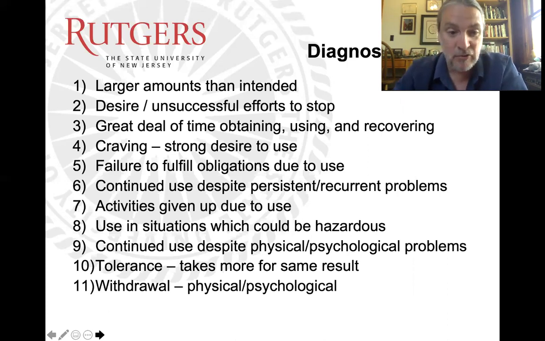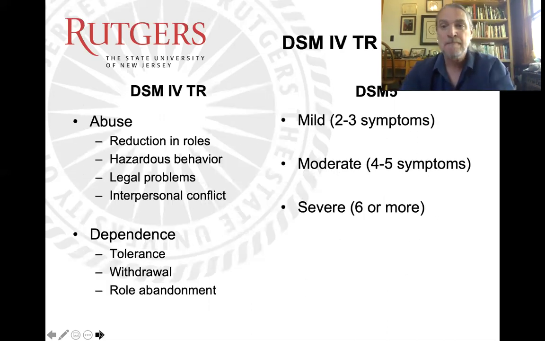Tolerance is that whole process where it takes more and more of the substance to get the same result. And then also the withdrawals, which is the physical symptoms that come along as your body becomes so used to having this substance in its system that it doesn't know how to operate without it. And so that becomes a period of physical and psychological crisis for the body.